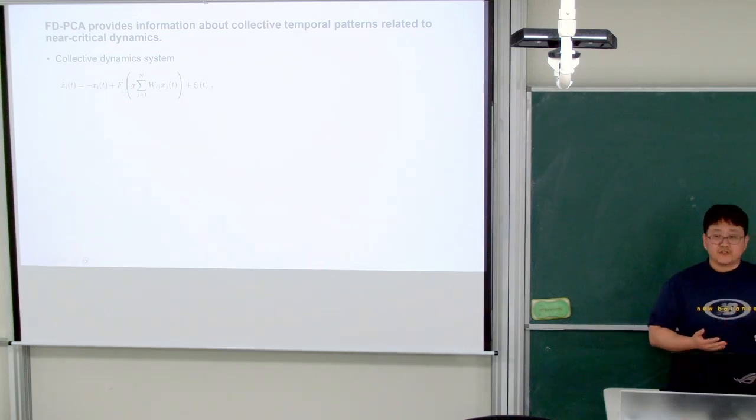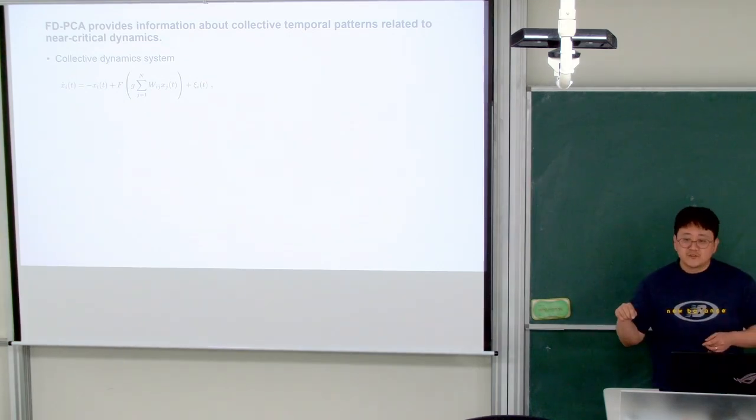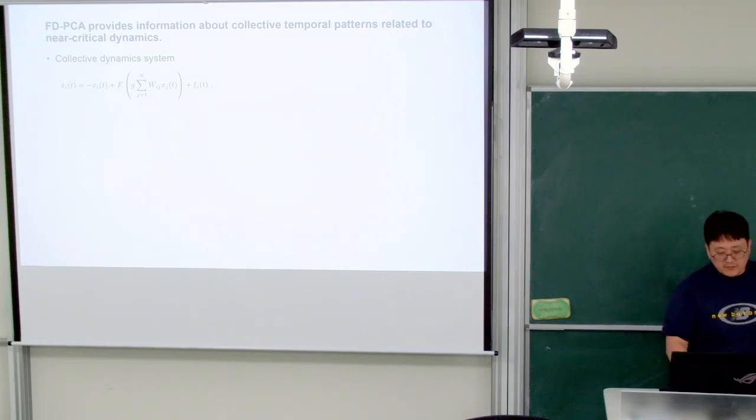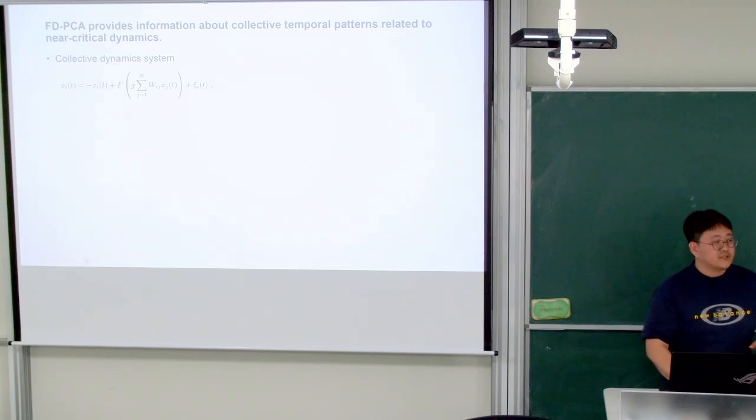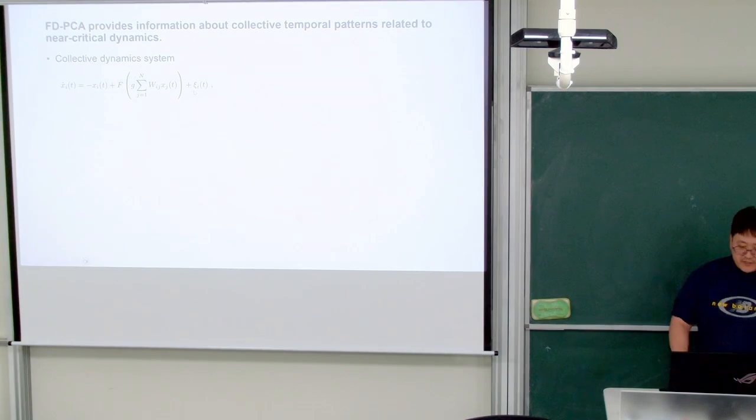They just considered f(x) equal to x, so you don't care about this. And then g is the connection strength, and w is the synaptic weight. G is the connection coefficient. And this eta corresponds to noise.